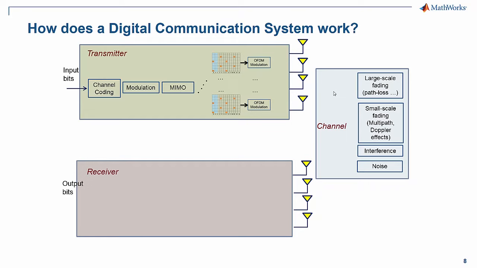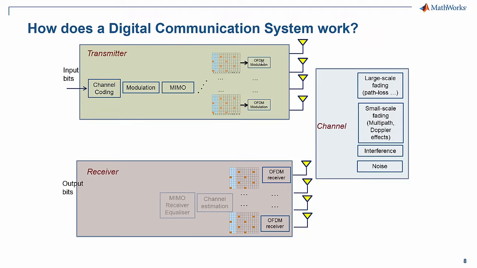And in the receiver, we need to correct these impairments, correct the corrupted signal nicely. And therefore, whatever things happen at the transmitter, the opposite things happen at the receiver. So OFDM modulation becomes OFDM demodulation. We try to estimate the channel, then come up with the equalizer, demodulate it, and finally, after channel decoding, try to recover the output bits.